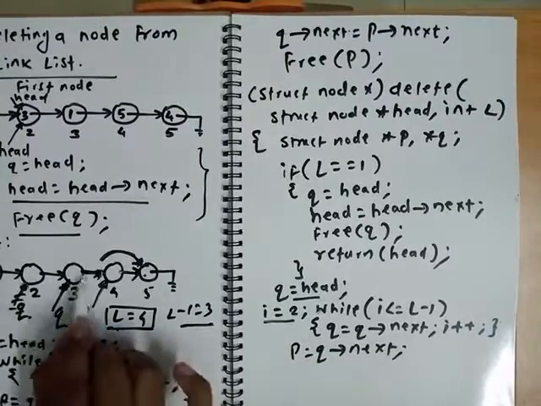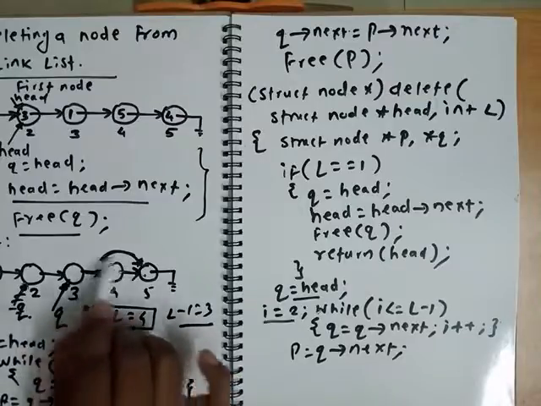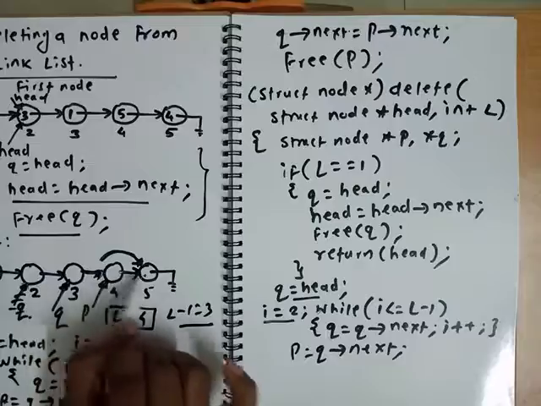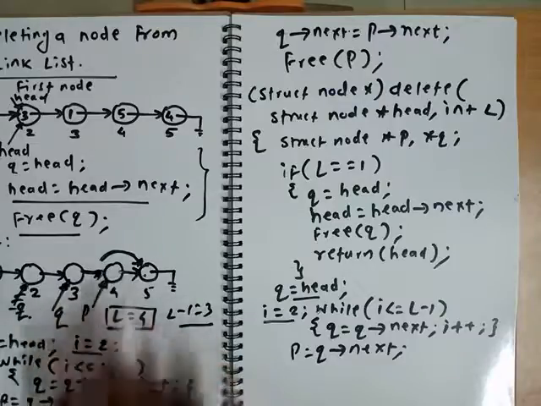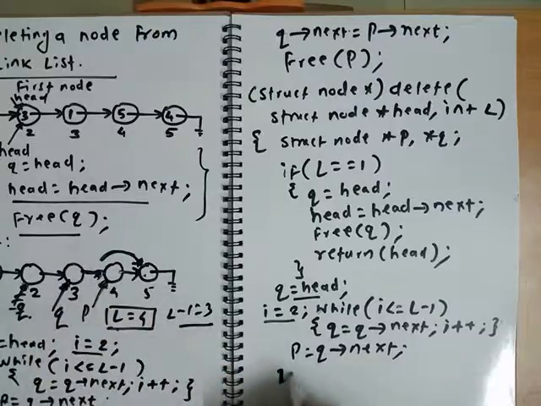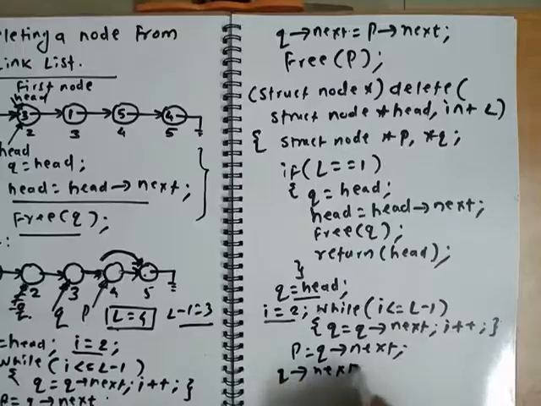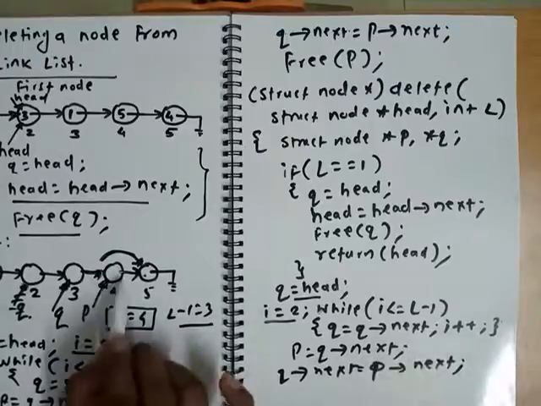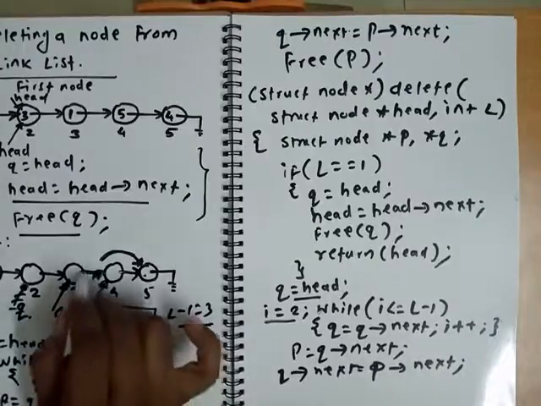Then I'll simply say Q next equal to P next. P next is pointing here, so Q next will point where P next is pointing, right? So this will create this link.